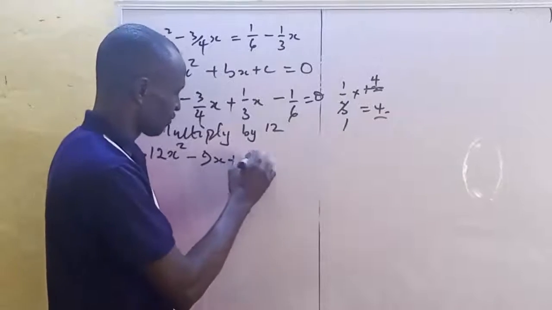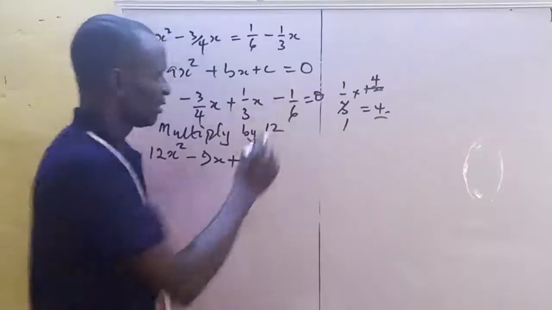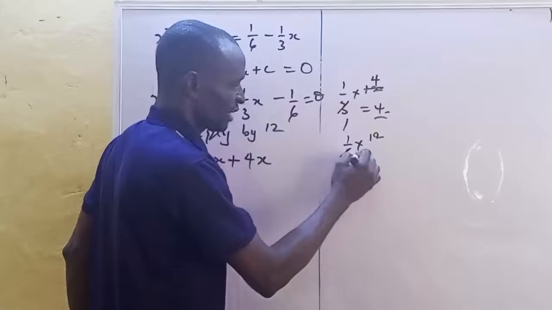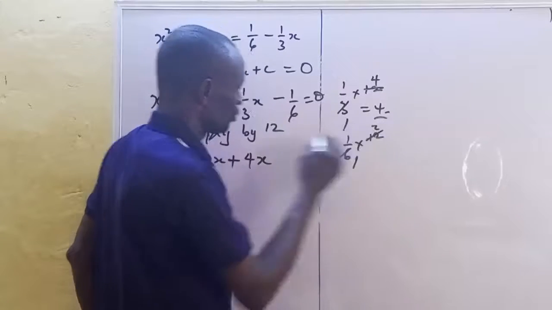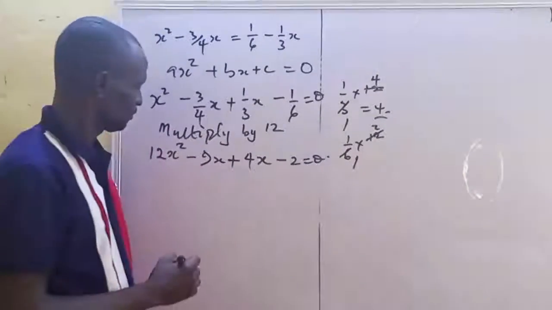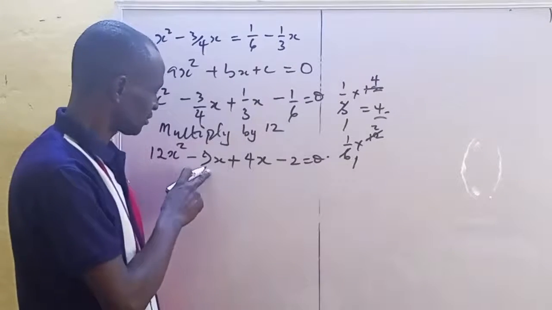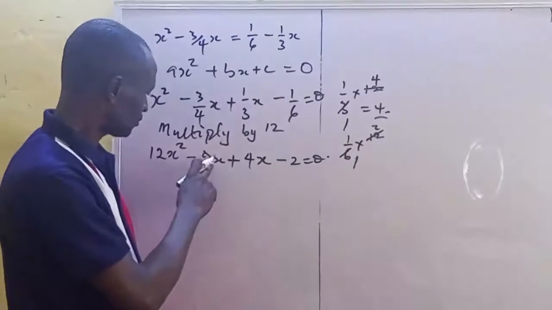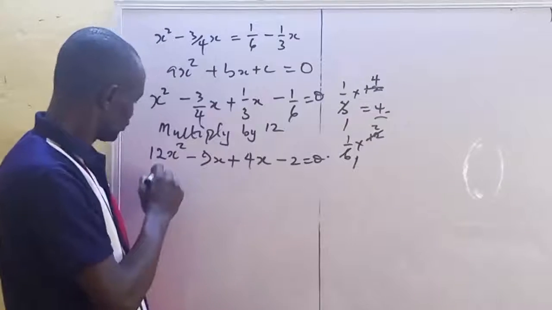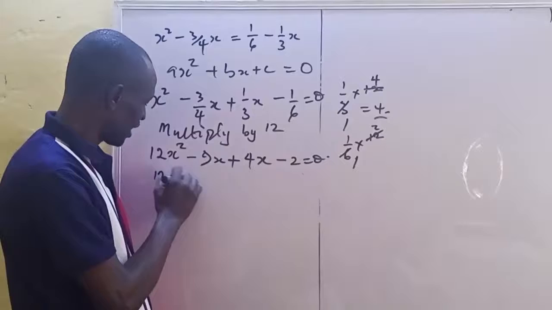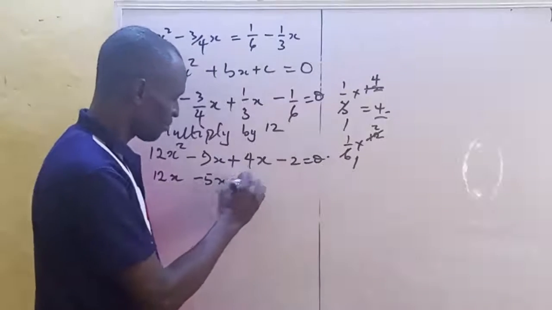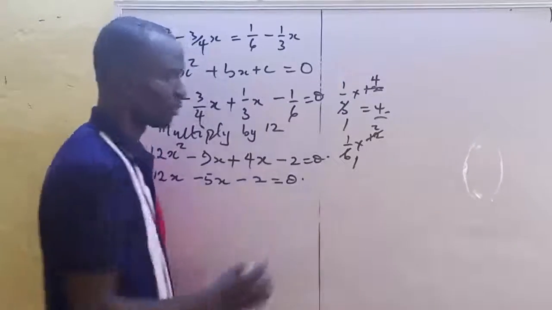That's plus 4x. Minus 1 over 6 times 12: 6 into 12 is 2, 2 times 1 is 2, minus 2 equals 0. Now look at this, I have minus 9x plus 4x, so this is 12x squared minus 5x minus 2 equals 0.